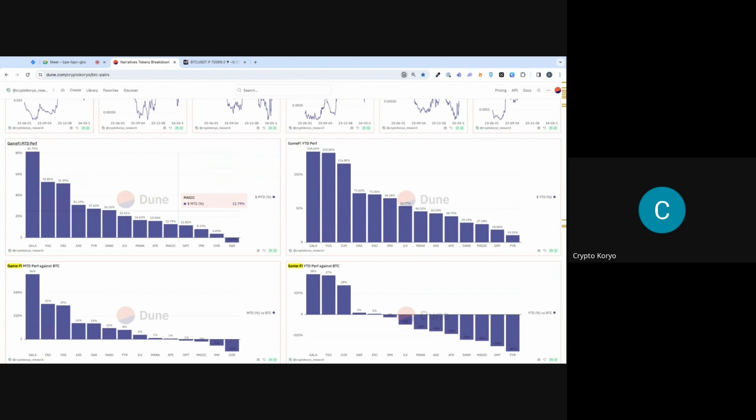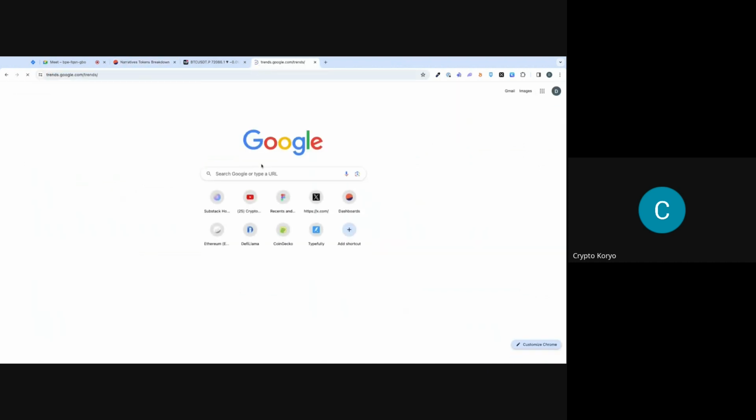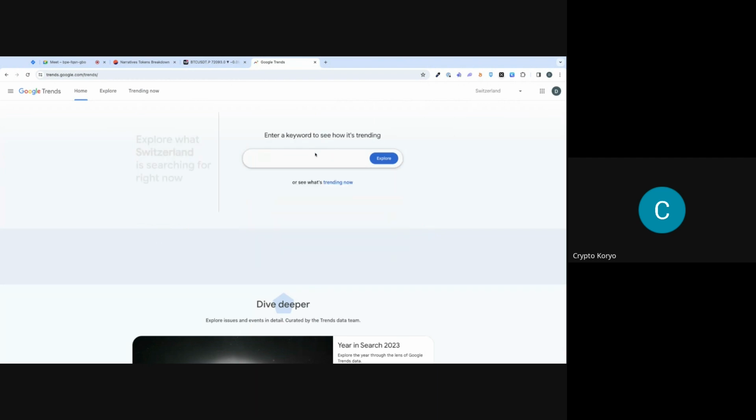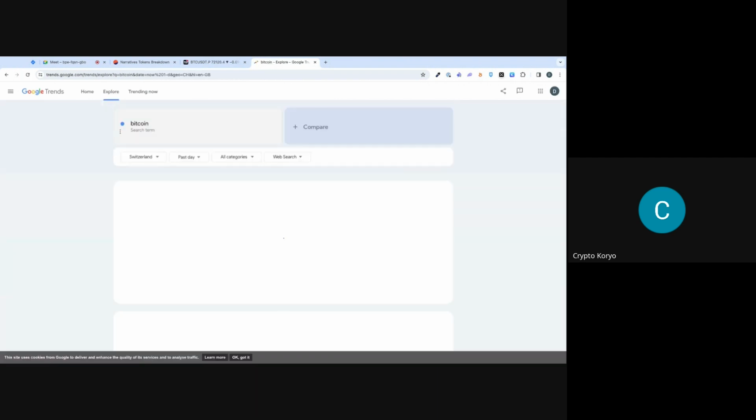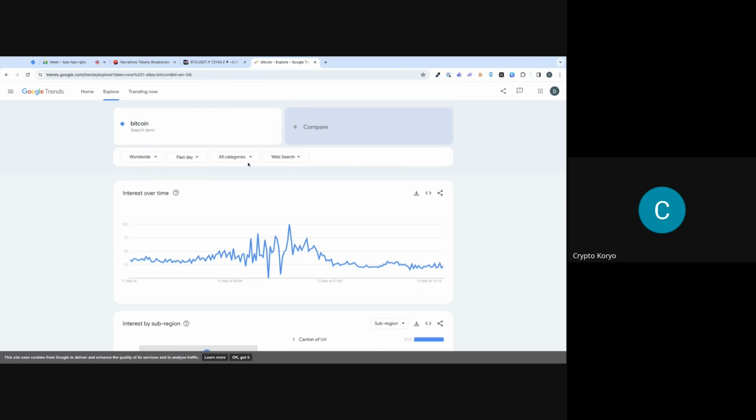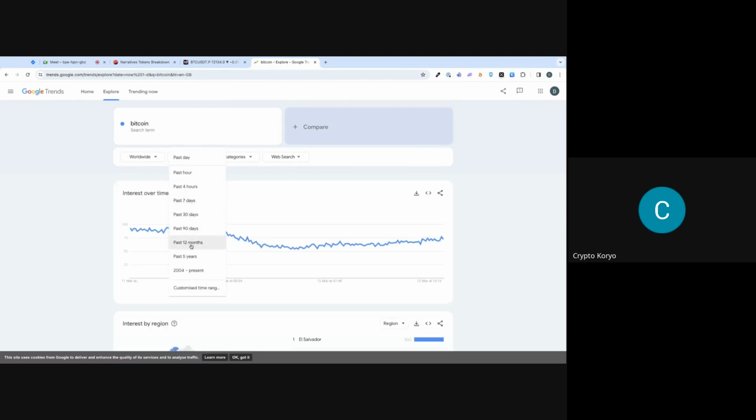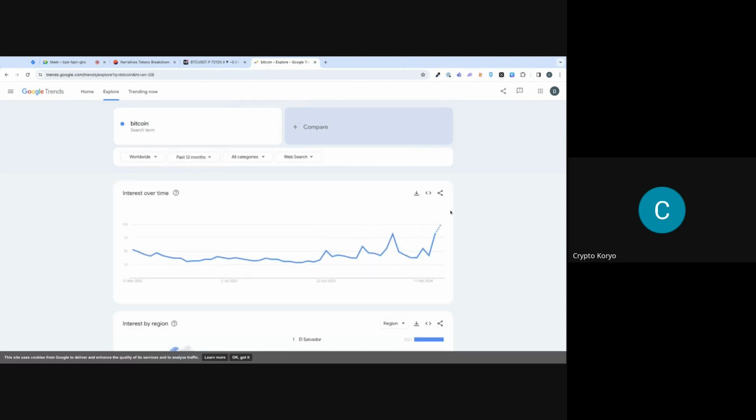We also see that in the sentiment and in different social or off-chain metrics, as we saw, for example, on Google Trends. If you put Bitcoin here, you would see easily in the last month how this has been going up, as you can see here.